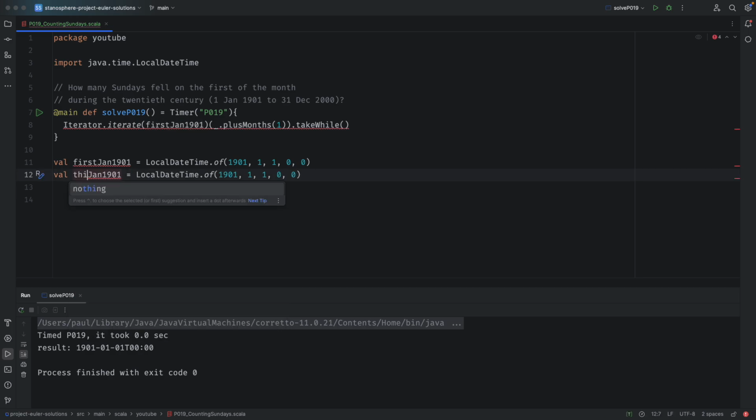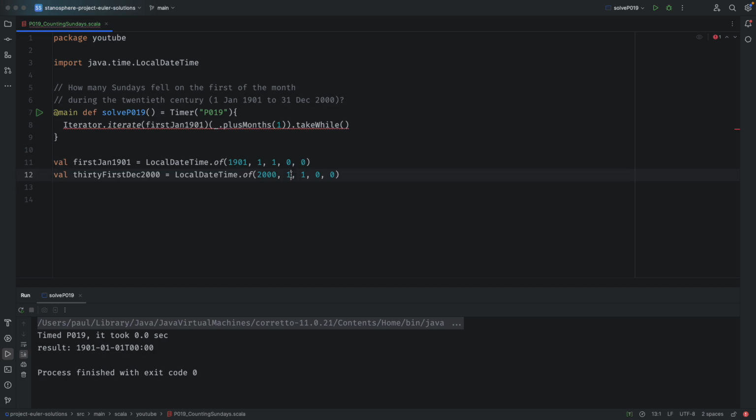So let's do 31st. Type it all out, because why not? 31st of December. I know I'm not actually talking to anyone, but I can't do the code when I think someone's watching me.